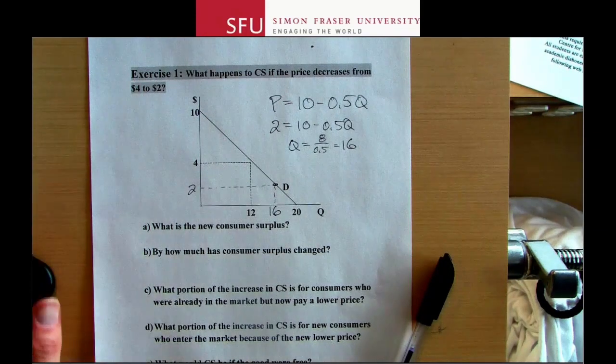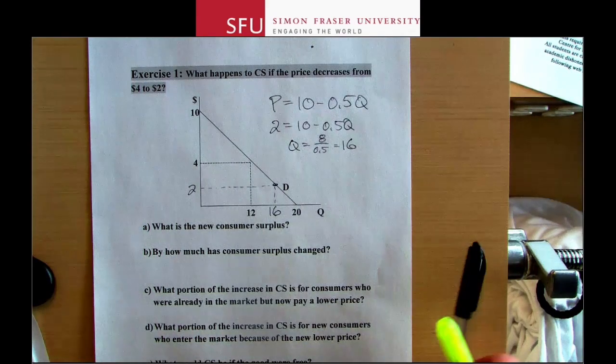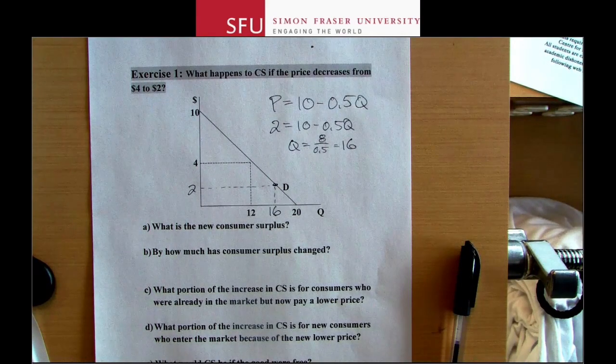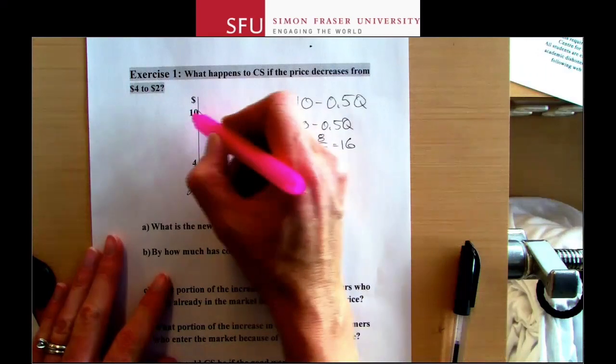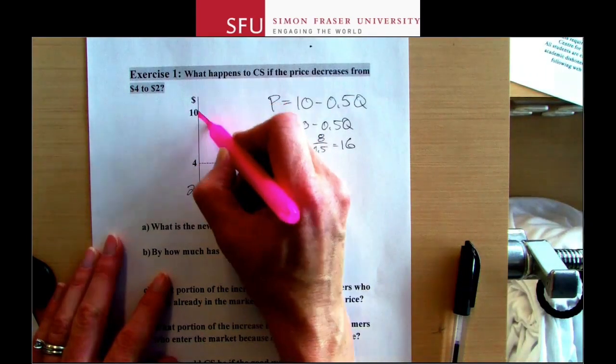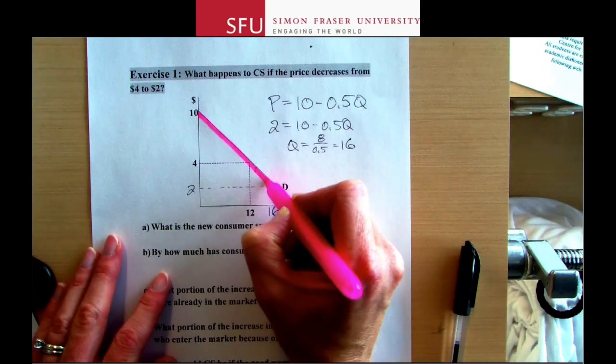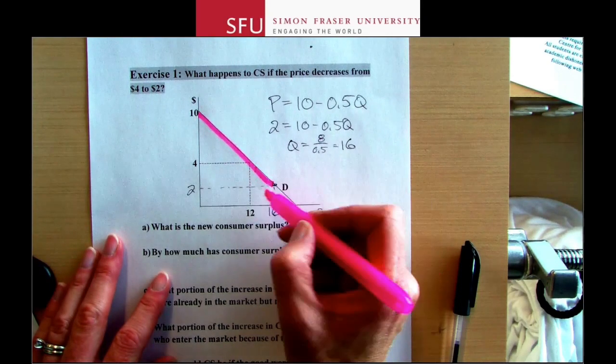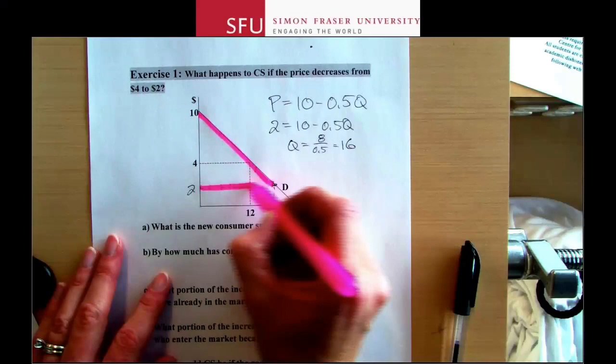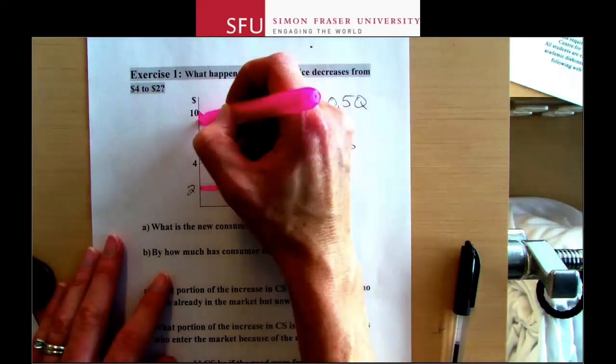Okay, so they'll buy 16 units. And the new consumer surplus is the difference between the benefits received for the 16 units, and here is the cost they pay for the 16 units, or the price per unit.